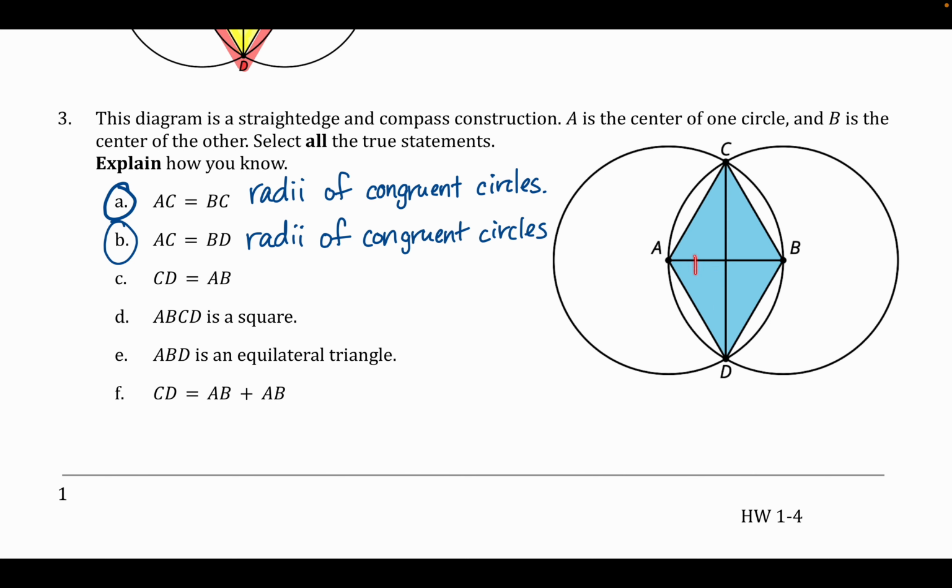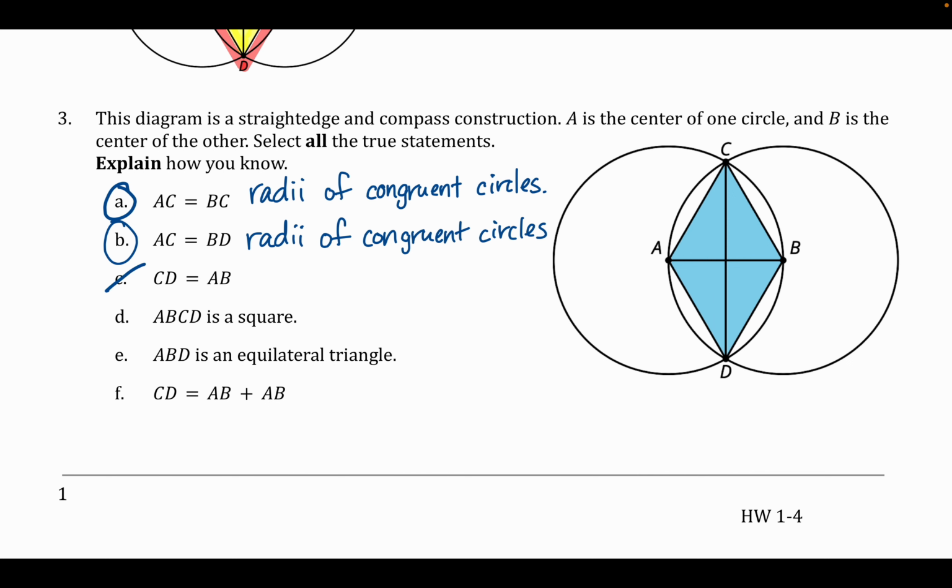It will cut AB into equal parts, but it's not going to be equal to it, because from C to D is not a radius. It does not go from the center of a circle to the outside of a circle. It's going from an exterior point to an exterior point. So we are not allowed to say that this one is true. So I'm going to cross this one out.